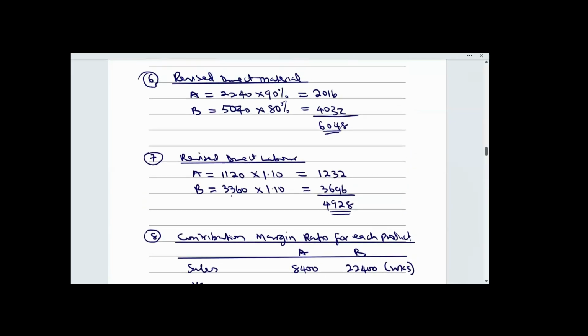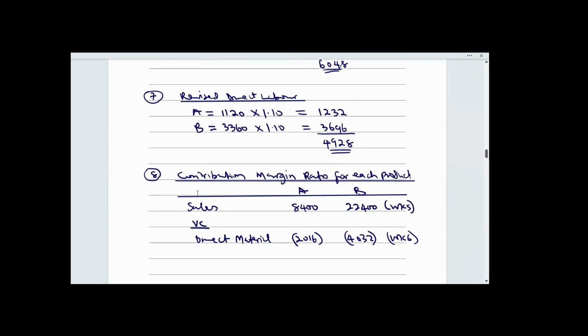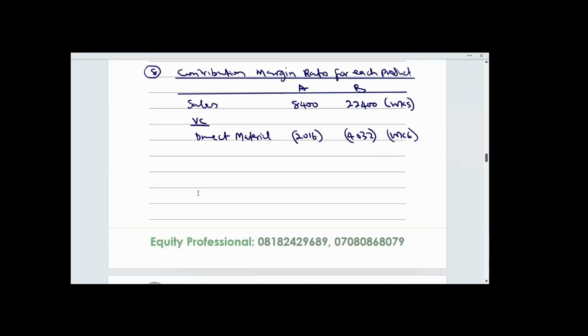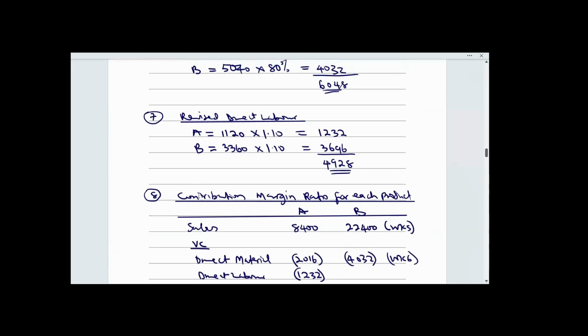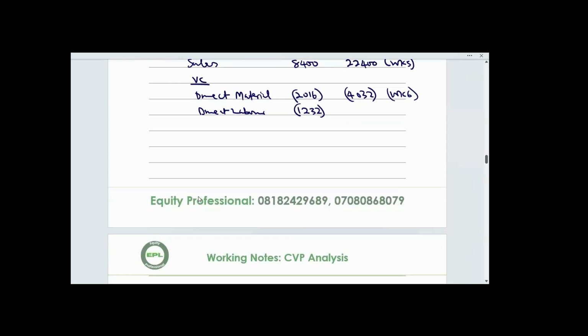Then revised direct labor: 1232 for A, then for B, 3696.